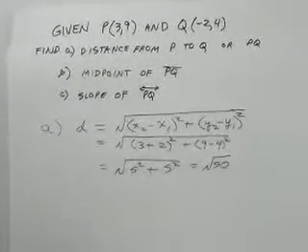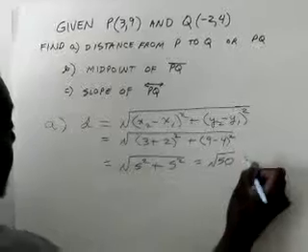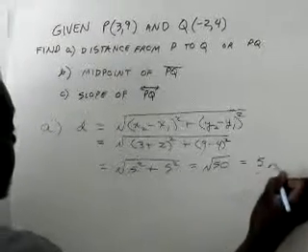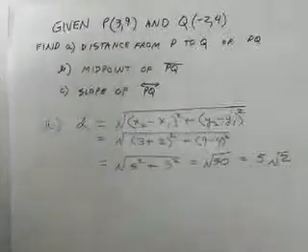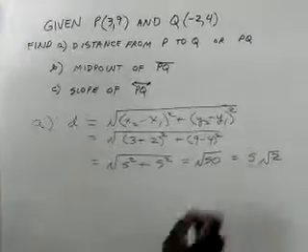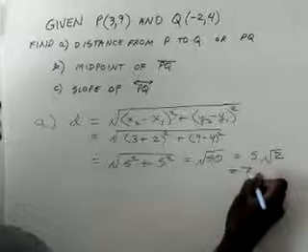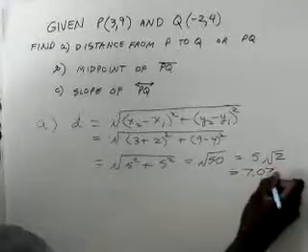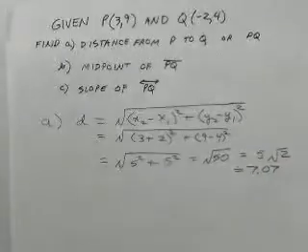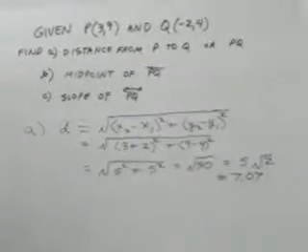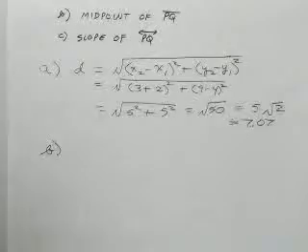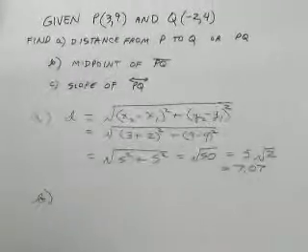We can write it as a simplified radical, 5 times the square root of 2, or if you needed a decimal, it would be about 7.07. So that's the distance. Part B, we want to find the midpoint of segment PQ.